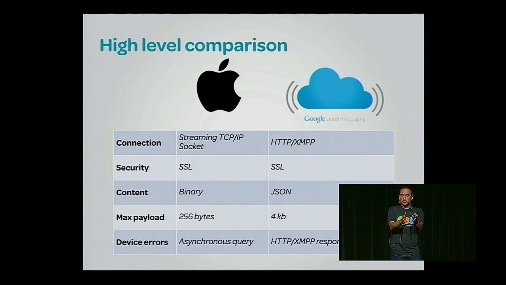So to get those errors back, on the Apple model, you have to have an asynchronous process polling the Apple server through a socket to get the errors back. On the Google model, it's a little bit more friendly again. You get those errors directly when you make your request. So if you're using the HTTP API, you get it on your HTTP response. If you're using the XMPP implementation, you get it on your XMPP response. So it's a little bit easier on the Google side.